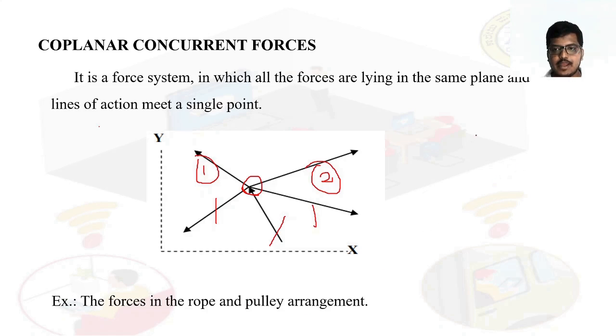We have a pulley like this and a rope like this, and here we are applying a force, dragging the rope. Both ropes have a common point, this pulley. So this is an example of coplanar concurrent forces.